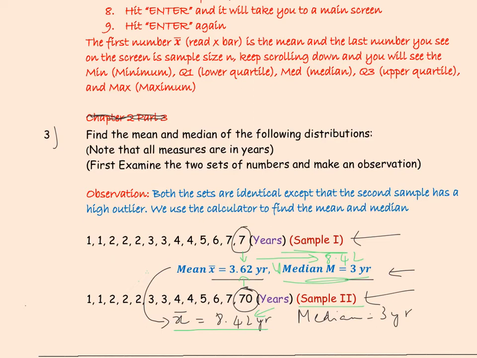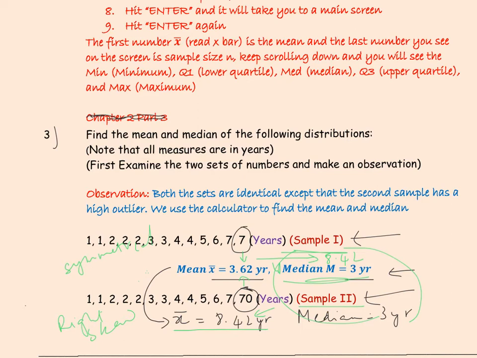So the mean gets pulled in the direction of the outlier, in the direction of the skew, because this second set has a right skew, whereas the first set is roughly symmetrical. So the first is a symmetrical distribution, and compare it with the second one with the right skew, the median remains the same. Both medians are equal to 3. So the median is called a resistant measure. The outlier does not affect the median in this case.